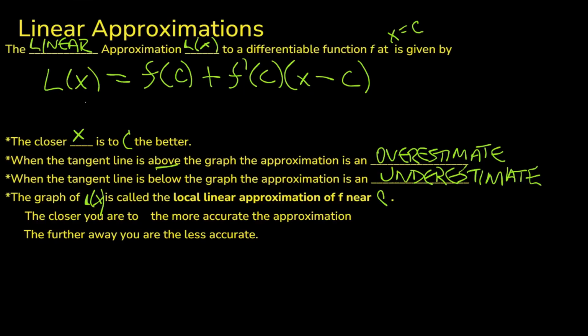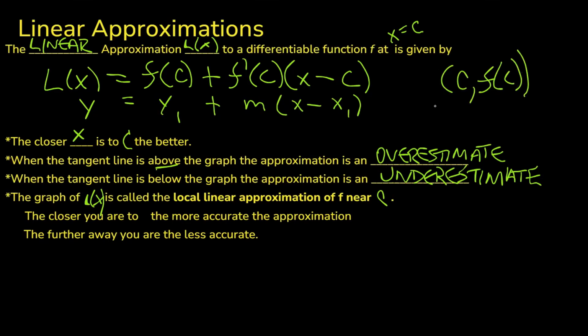Another way to think about this is y equals y1 plus slope times x minus x1. This is just point slope form solved for y, but given in function notation. In this case, the point of tangency is c comma f of c. The slope is the derivative evaluated at c.